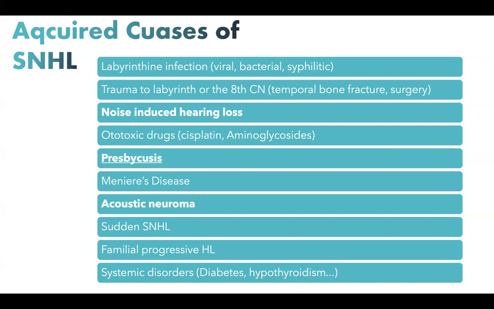Also aminoglycosides, which are antibiotics, and presbycusis, which is one of the most common causes of sensorineural hearing loss, usually due to aging. Meniere's disease, and acoustic neuroma, which is a very important cause, not because it's common, but because we have to exclude it. Sudden sensorineural hearing loss, which is an emergency. Familial progressive hearing loss, and finally systemic disorders causing hearing loss, such as diabetes and hypothyroidism.